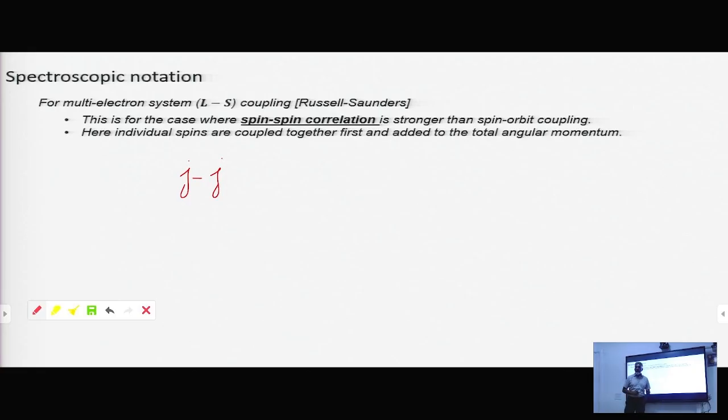The reason is simple, you'll understand what I'm saying. This is the case when you have S1, S2, L1, L2, where the spin-orbit interaction is stronger than this particular spin-spin interaction.